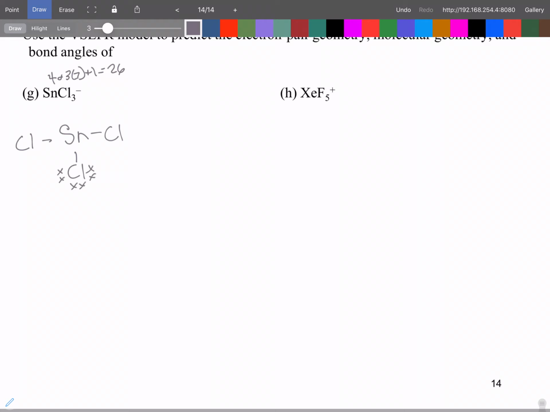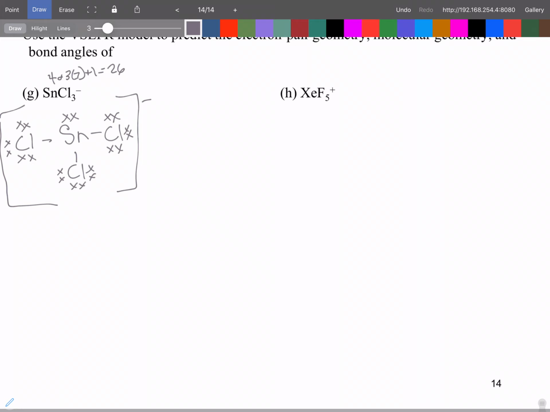Oh, I forgot to count. 2, 4, 6, 8, 10, 12, 14, 16, 18, 20, 22, 24, and 26. Guys, I didn't forget to count. I was just doing it in my head as opposed to out loud. This is negatively charged. It's an ion, so we're going to put that as our negative.